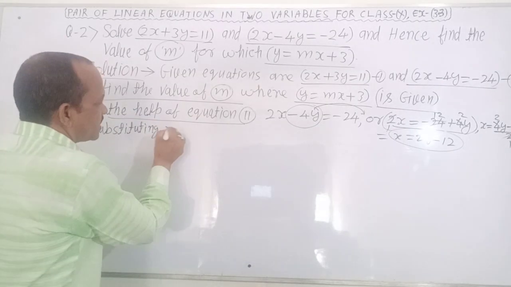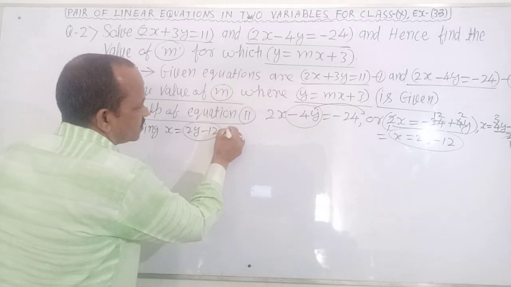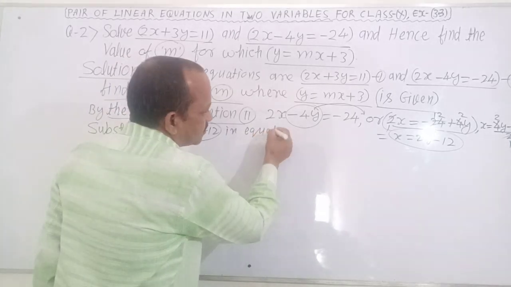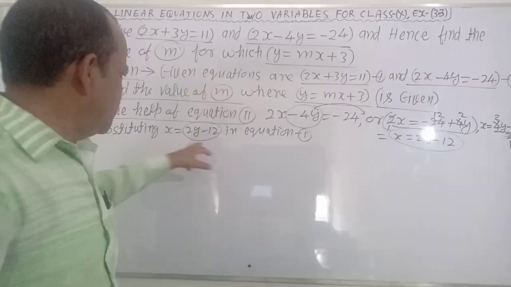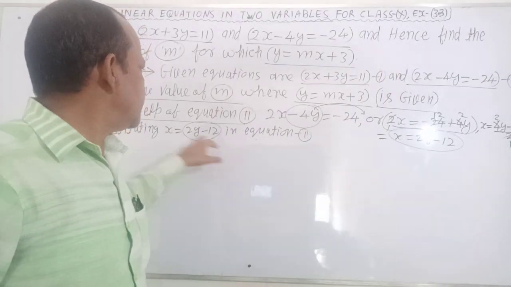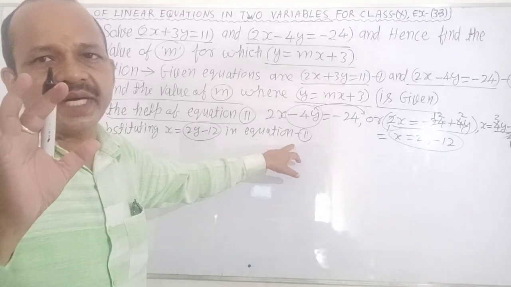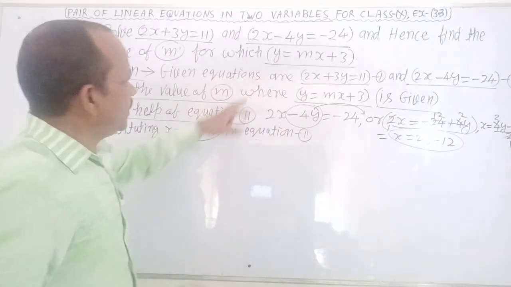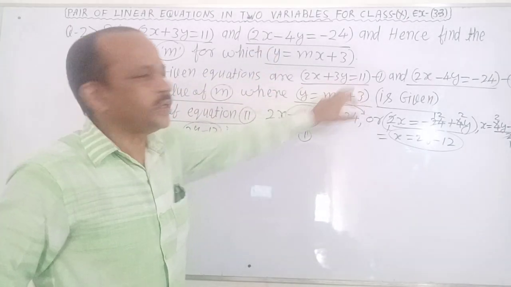Substituting x equal to 2y minus 12 in equation first. Clear? Equation first is 2x plus 3y equal to 11.